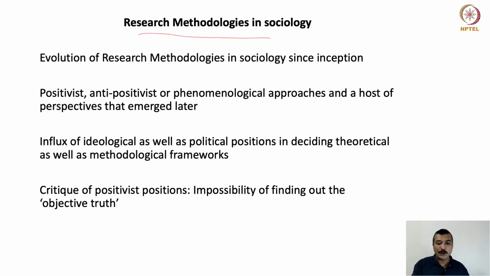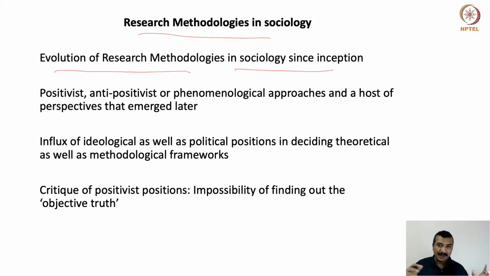The evolution of research methodologies in sociology since its inception: I don't think I need to summarize it again. We have mentioned it several times. Sociology emerged as social physics, as a positive science, and then with the coming of Weber, an anti-positivist stand emerged, and then with the coming of the interactionists, it takes a completely phenomenological turn.